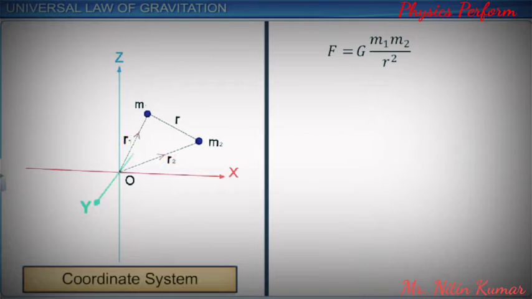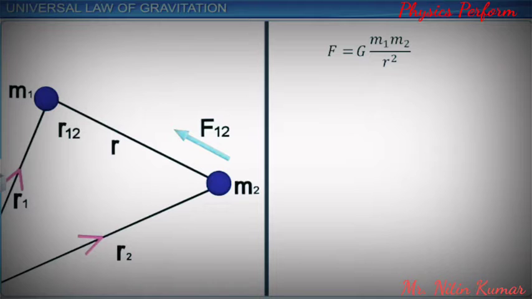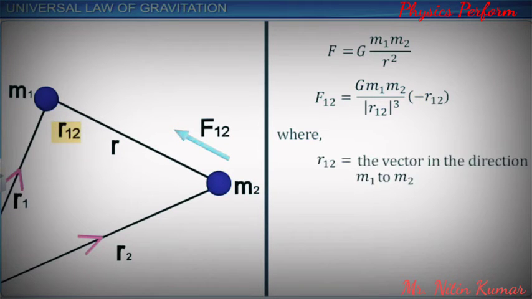When we apply the law to 2 point masses m1 and m2 in the coordinate system, we get the mathematical expression for the gravitational force of m1 on m2 as F12 is equal to G m1 m2 by mod of r12 cube into minus r12, where r12 is the vector in the direction m1 to m2, which is equal to r2 minus r1. In the given expression, we use bold letters to represent the vectors.